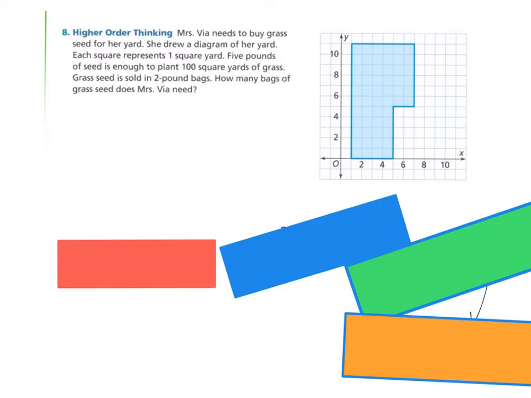Number 8, Mrs. Villa needs to buy grass seed for her yard. She drew a diagram of her yard. Each square represents 1 square yard.